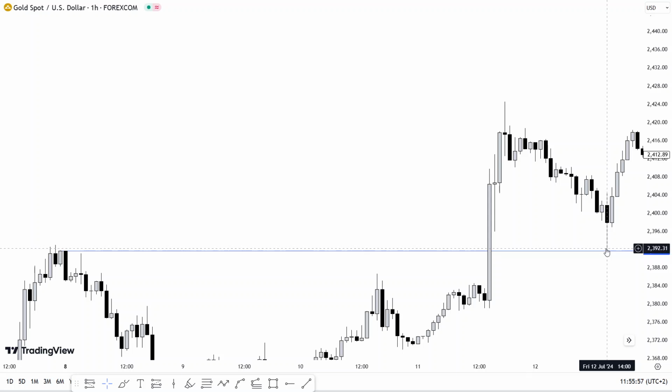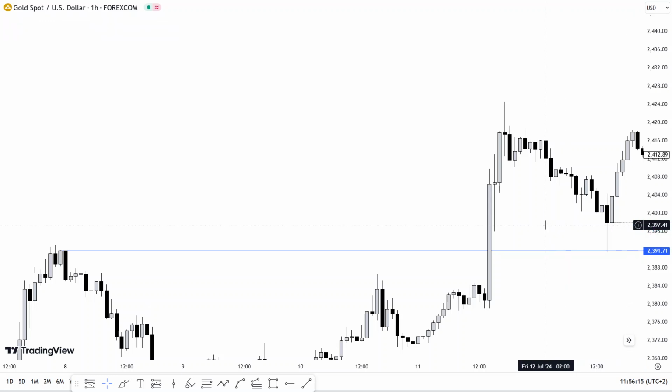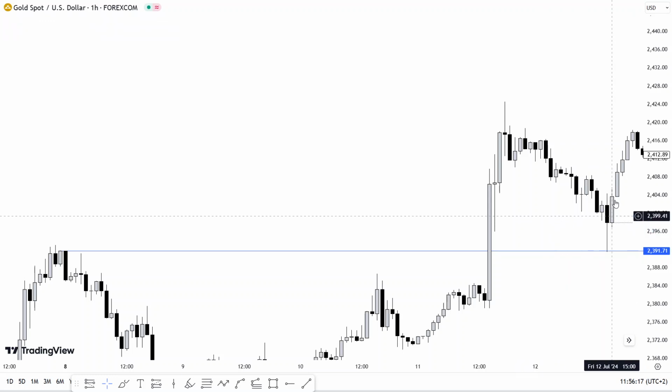Wait for it to create an area of support, which is this level. Sell and then buy, right? And this is your first level of support. Another area would be here, which is a buy and then buy candle.